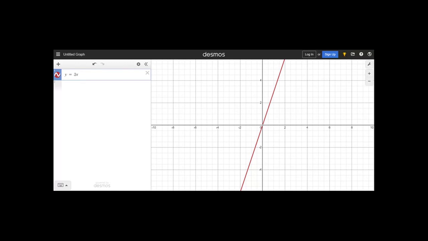Supposing you have an equation like x equal to -2. How will it be? Parallel to y-axis, ma'am.